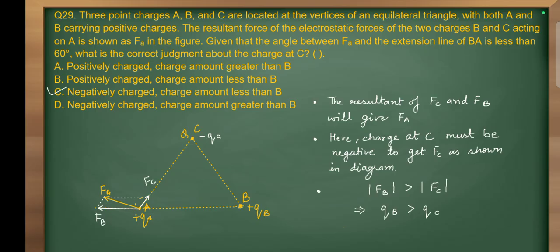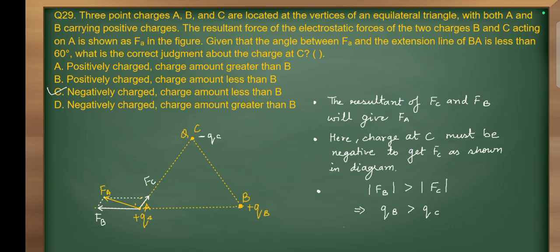Given that the angle between Fa and the extension line of BA is less than 60 degrees, what is the correct judgment about the charge C? Here, the net force Fa is shown in the figure. The Fb is the force due to charge Qb, which is in the negative x direction, and for getting the resultant force in the Fa direction, the charge on point C should be negative, or minus Q.